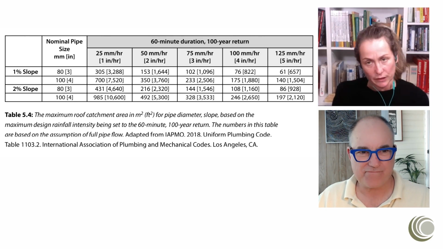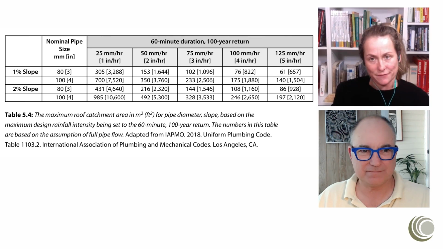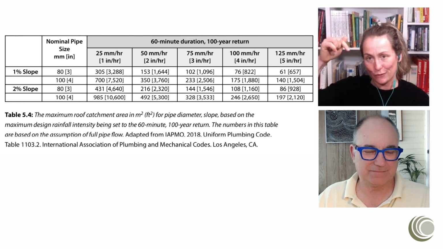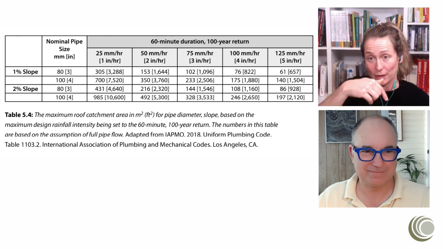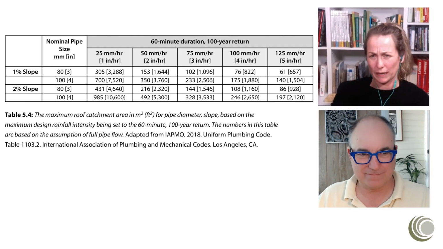The other thing that we've talked about that kind of almost negates the validity of this approach is how water flows in the downspout, in a down pipe and in your conveyance piping, which is not really full pipe flow.